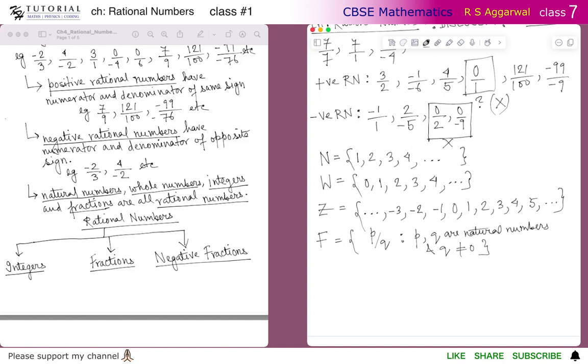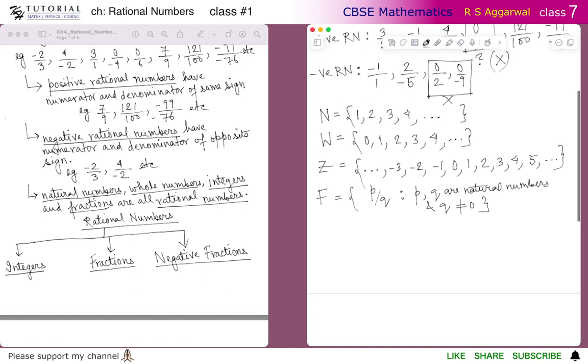I hope you have studied fractions and decimals in class 6. So numbers like half, 4 by 5, 9 by 3, 100 by 500, 121 by something, and so on.